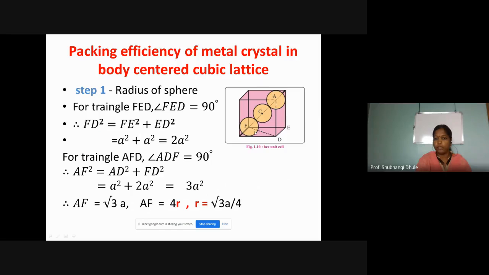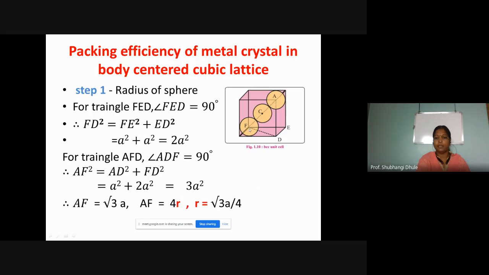Even though the body centered cubic geometry is cubical, the unit cell is specific, that is body centered cubic, in which the particles are arranged not only at the corners but also at the center of the unit cell.